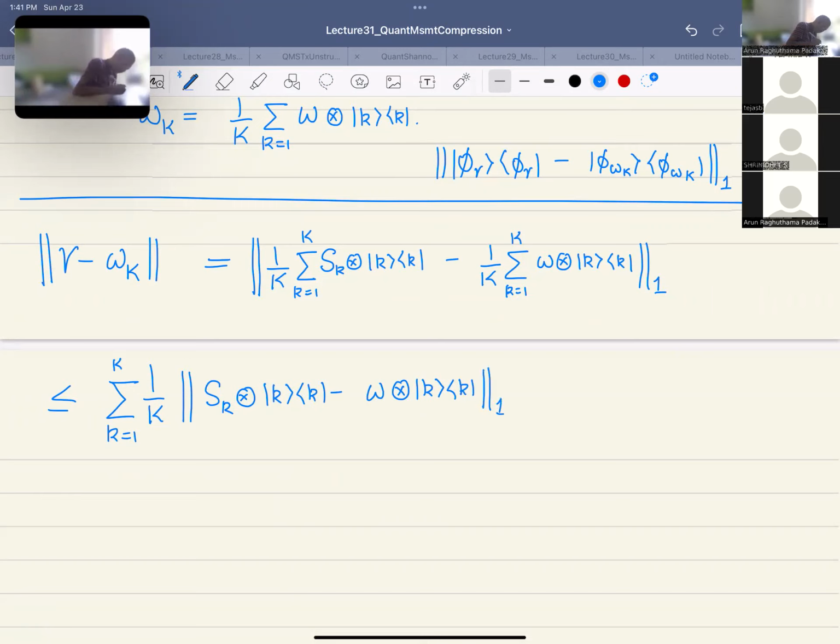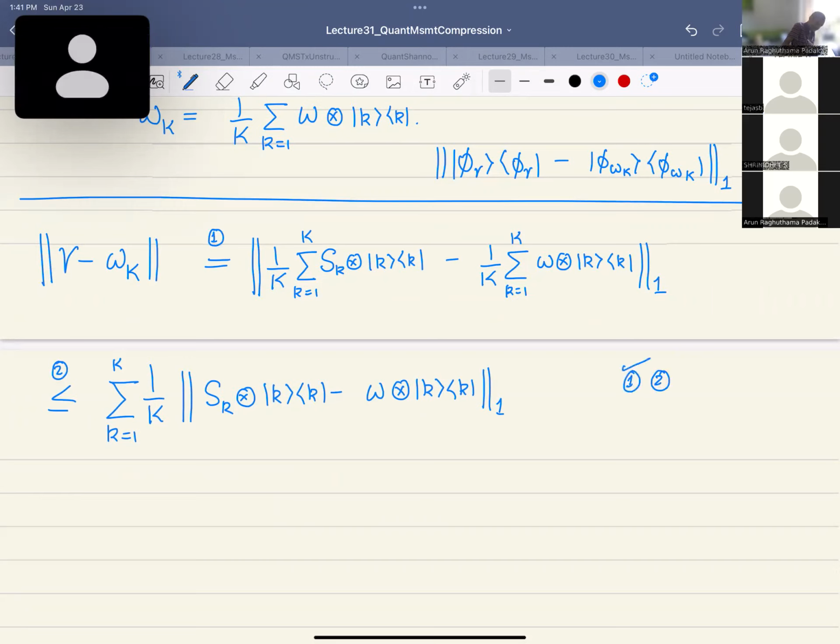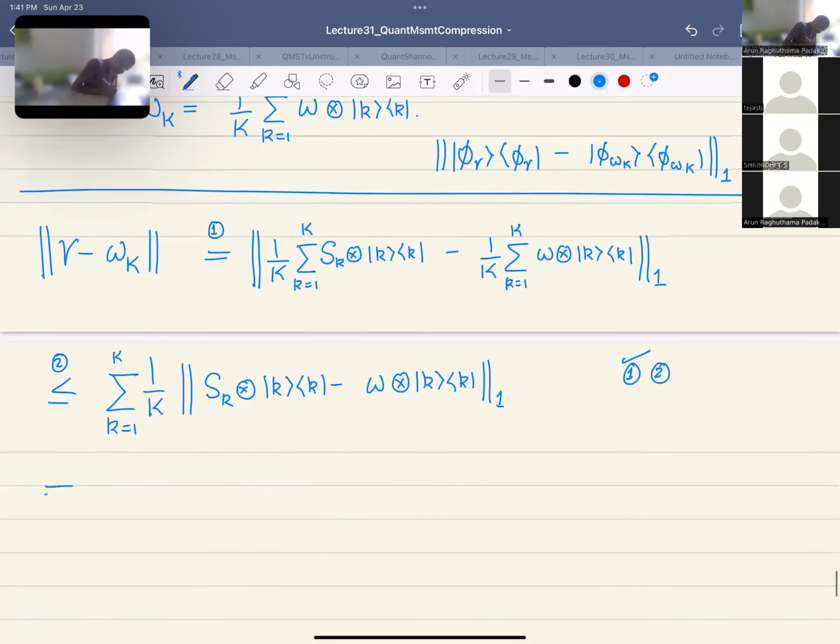Is this so? Let's say 1, 2. Is 2 okay? Yes. 1 is by definition. 2 is okay. Or why is 2 okay? It's triangle inequality. Okay. Triangle inequality.